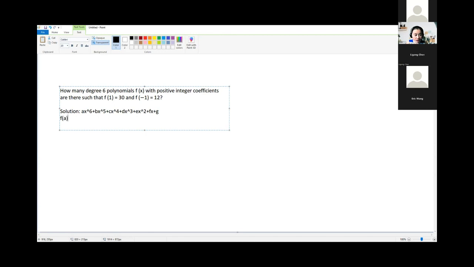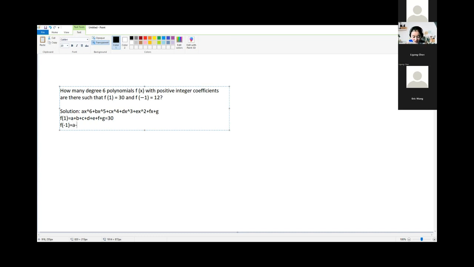So if we plug in f of 1, we would just get a plus b plus c plus d plus e plus f plus g, which in this case equals 30. And for f of -1, we know that a is positive, but b would be negative because -1 to the 5th power is -1. So it alternates.